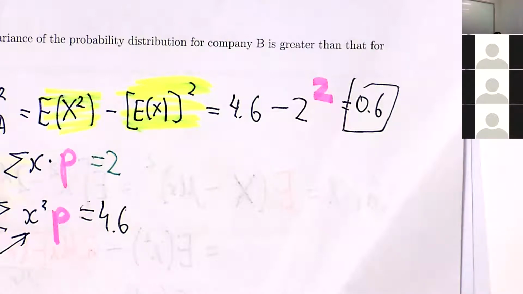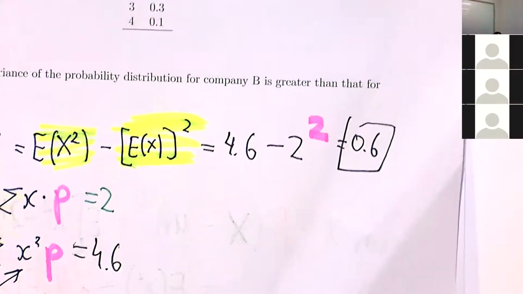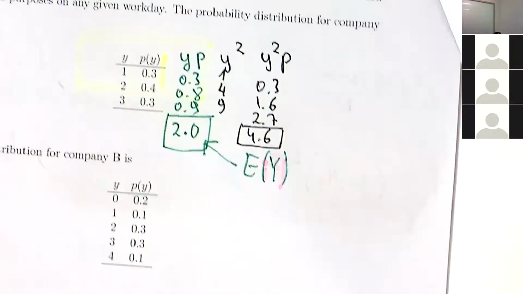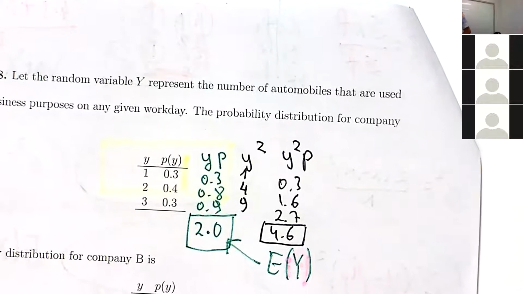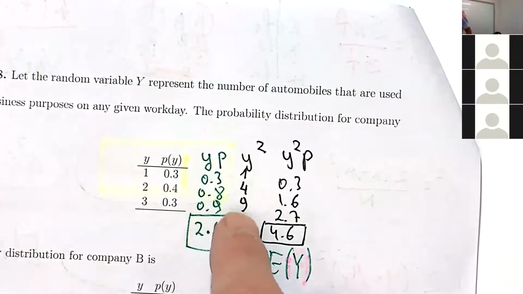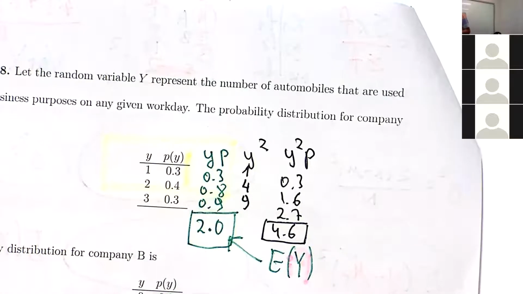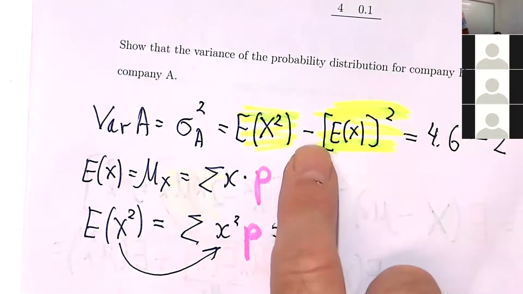Now, before giving you some time to do the variance for the probability distribution B, I want to show you something. If you are confused at this very moment with this formula, let me show you how we evaluate variance using the definitional formula, and you then will appreciate why we use this formula here.